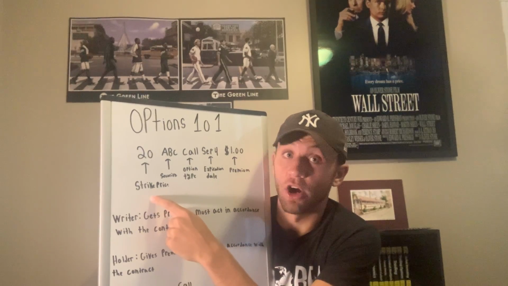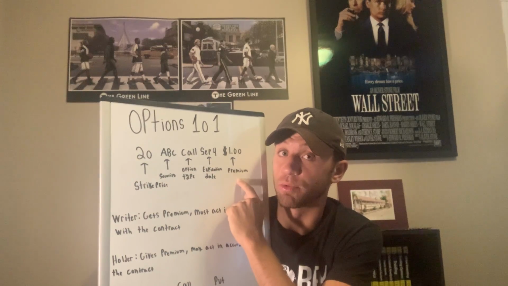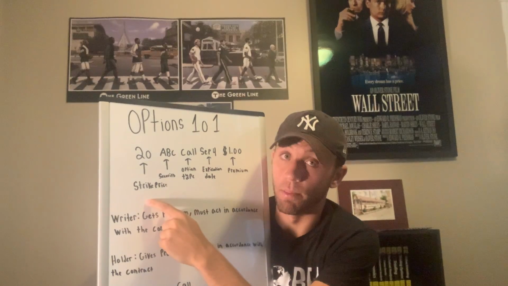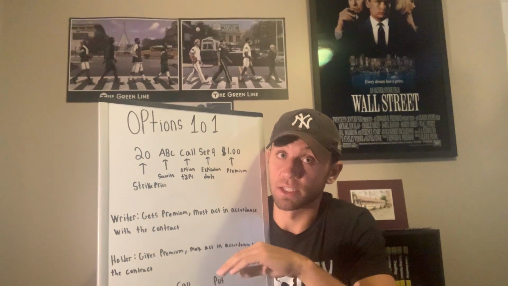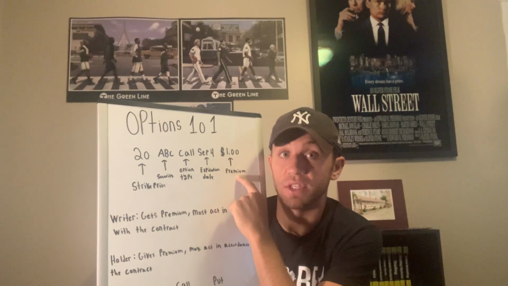As the writer, I hope it never reaches $20 a share because I will just get to collect your premium. And that's I win the trade. But if the stock goes above $20 a share, I begin to lose money. But again, that's the math we'll go over next week. The holder wants the stock price to go over $20 because if it doesn't, they lose their premium. They lose that $1 they gave.